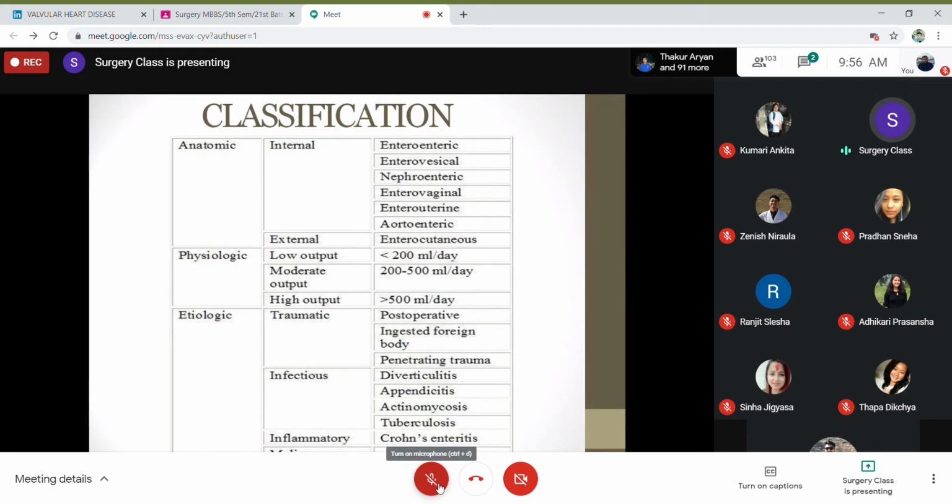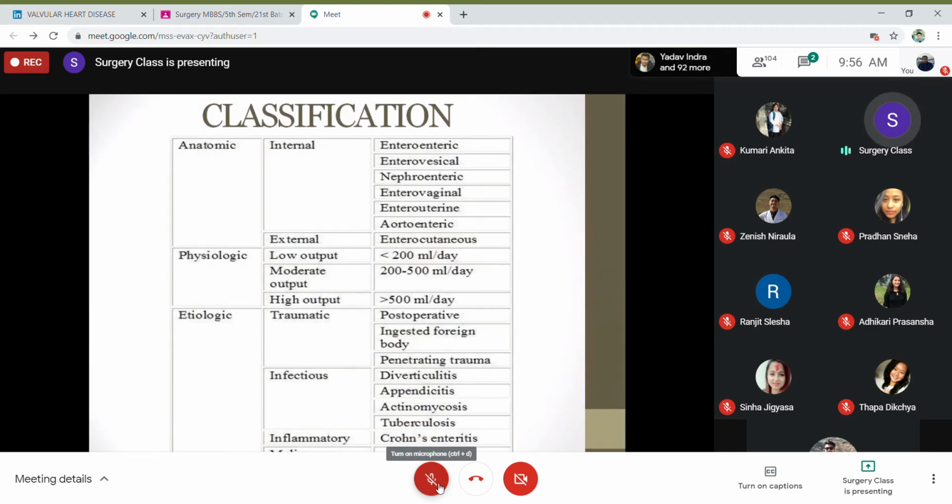If it is a true diverticulum, the wall contains the whole wall of the intestine, so all the layers are present. When the diverticulum gets infected and inflamed, that condition is known as diverticulitis. Like appendicitis, it can perforate and then cause a pericolic fistula.